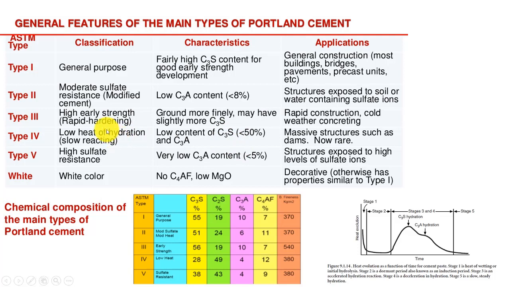If you are concreting in a very cold region, you can use high early strength or rapid hardening cement, so that the cement would gain the strength earlier, because the hydration reaction is totally dependent upon the ambient temperature.